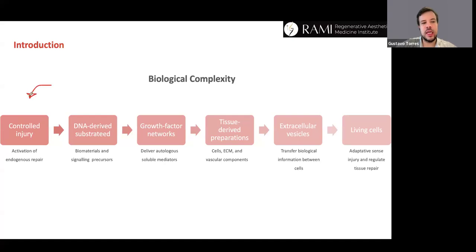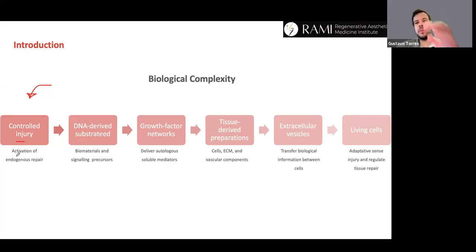So most of the techniques employed mainly for the skin rely heavily on controlled injury. This is very important because we will see in today's webinar what are the mechanisms behind this controlled injury, but also the fact that when we do this controlled injury, we're actually activating endogenous repair systems that rely on DNA duplication, cell proliferation, and obviously to some extent alterations in RNA expression.